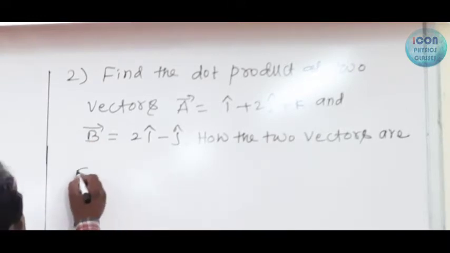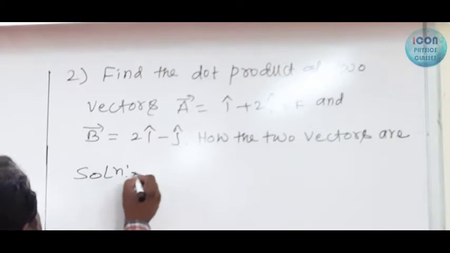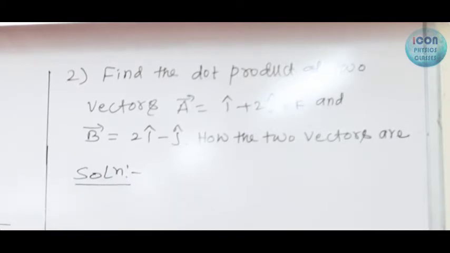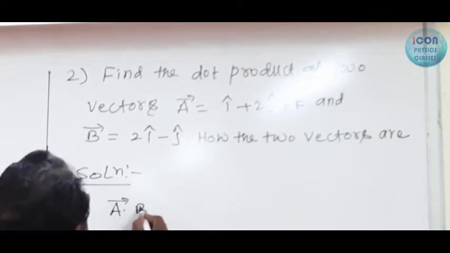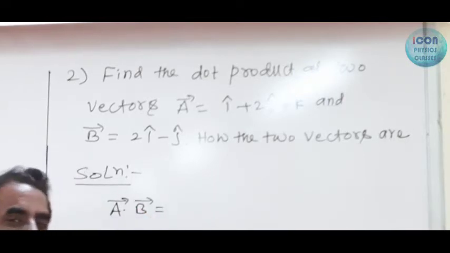What is given in the problem? Vector A and vector B are given, and definitely you first find A dot B. Tell me, what is A dot B?